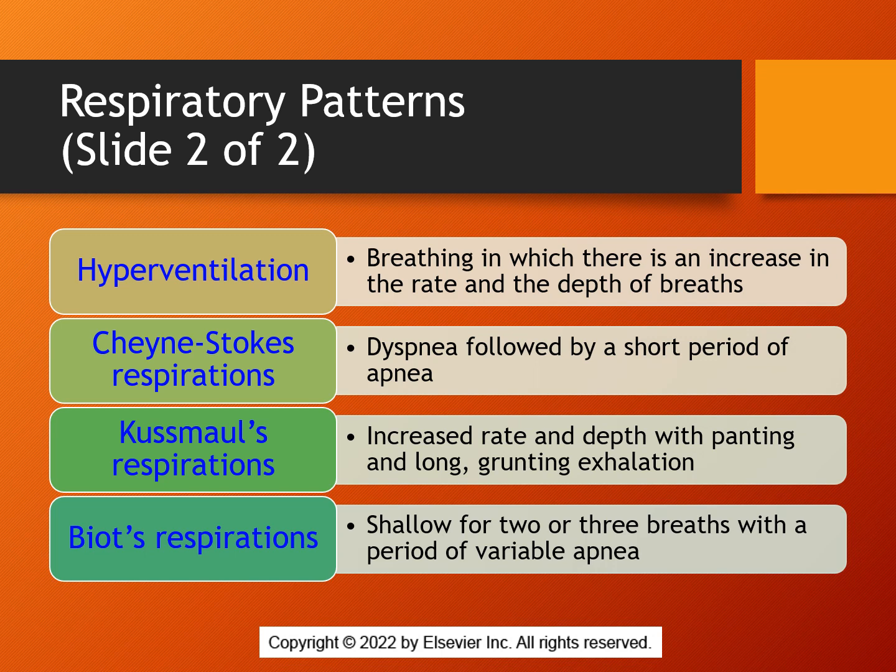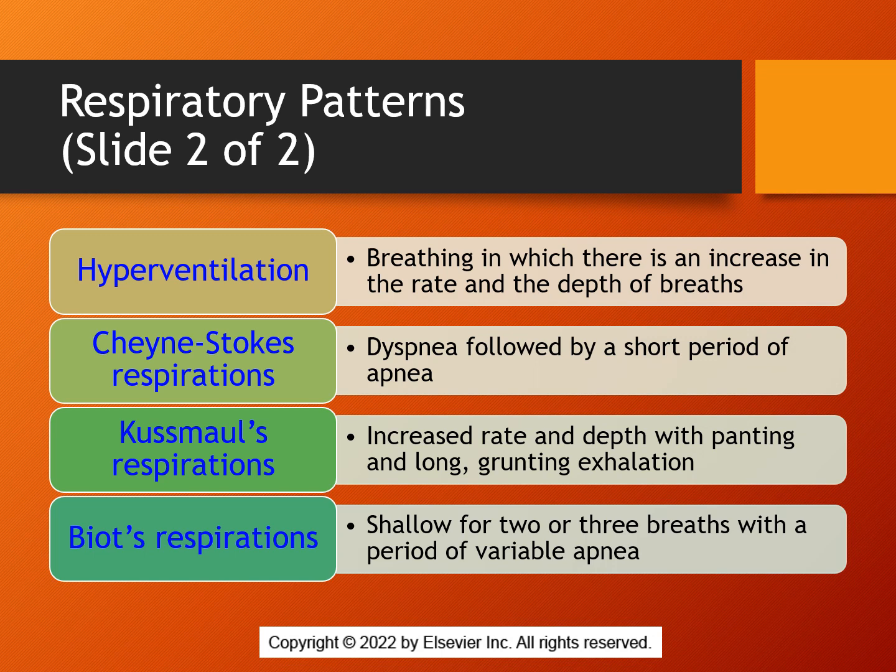Cheyne-Stokes, that's a dyspnea followed by a short period of apnea. You'll see that a lot of times as people are nearing end of life. They'll have difficulty breathing, and then they'll stop breathing for a short time, and then they'll take a deep breath, and then they'll breathe a little bit more. Kussmaul's, that's an increased rate and depth with panting.